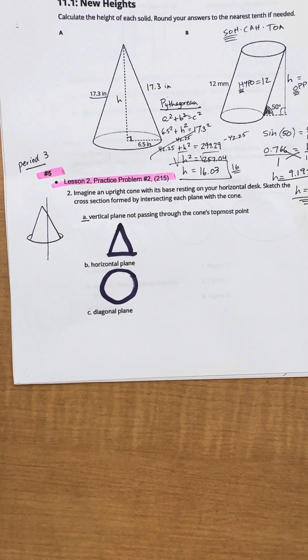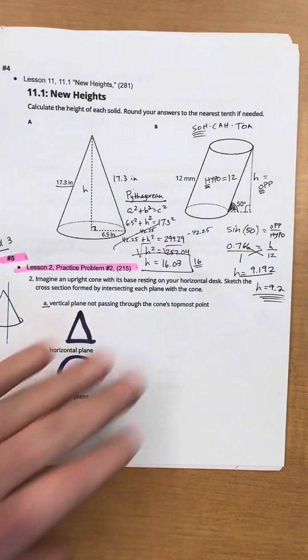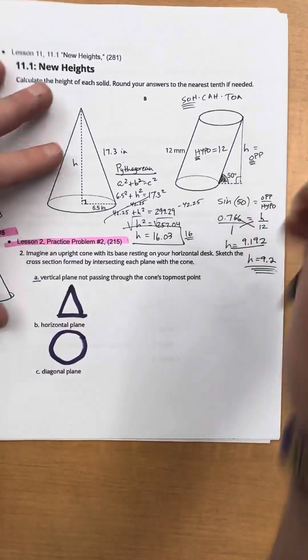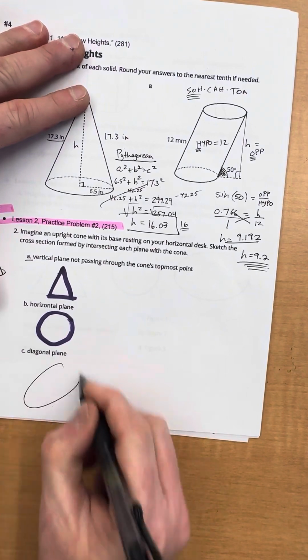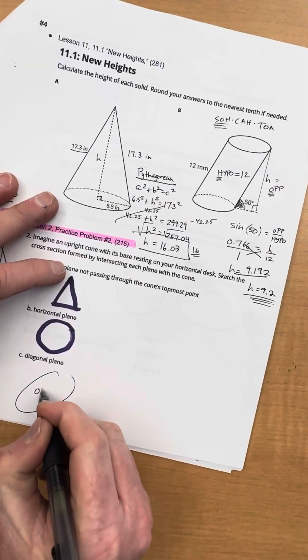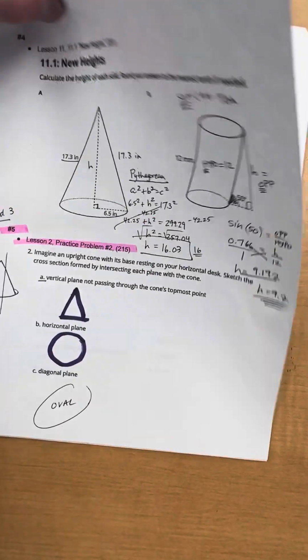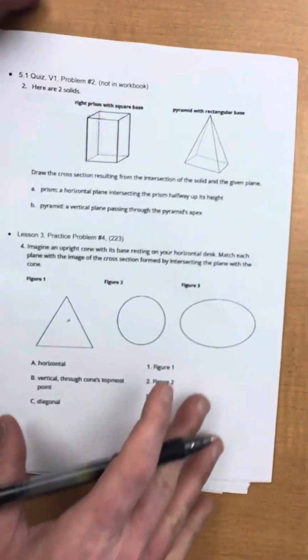Okay, blue hooded sweatshirt, you read numero dos. Starts with here.